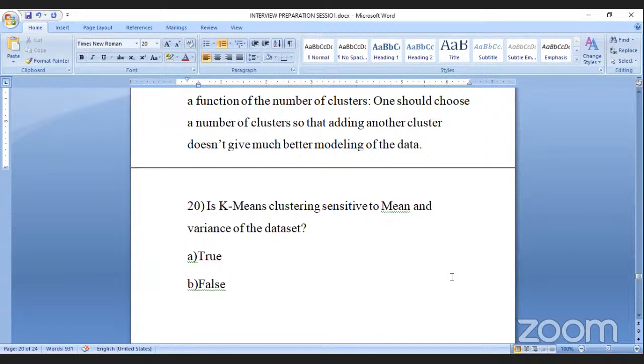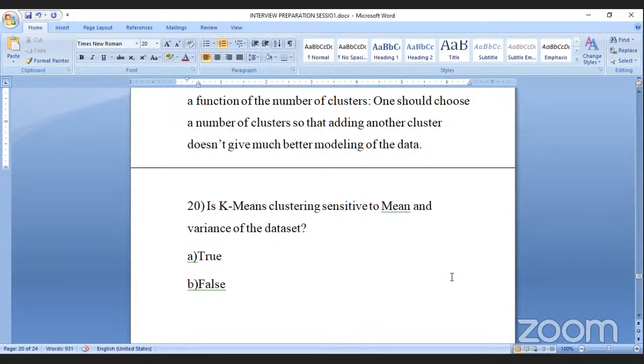I want every one of you to try, because clustering is one of the most confusing topics. That's why I'm presenting you this kind of questions. You have to be clear about that.